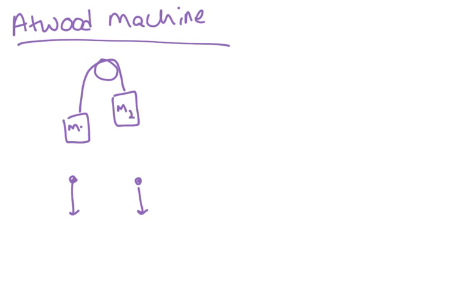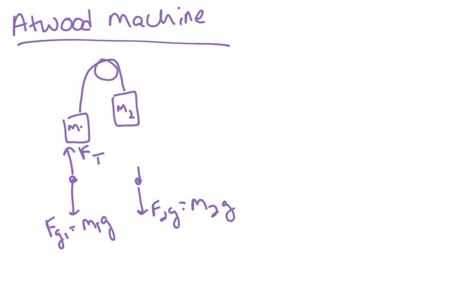So if I'm looking at individual pieces, the gravitational force on mass 1 is m1 times acceleration due to gravity with your tension going up. Over here for F2, it's gravitational force, it's m2g with the tension going up. So these are my third law pairs.